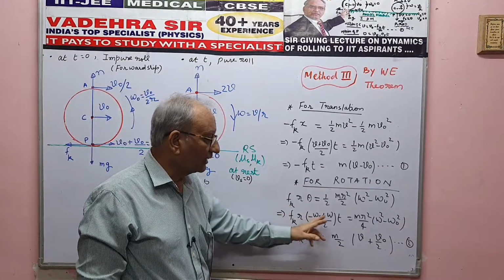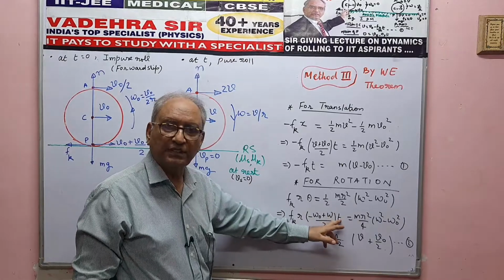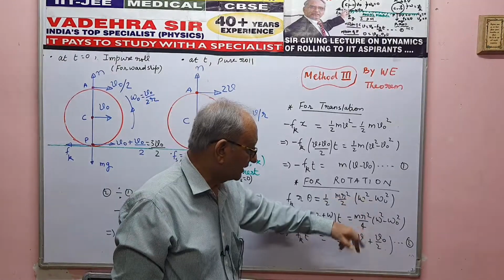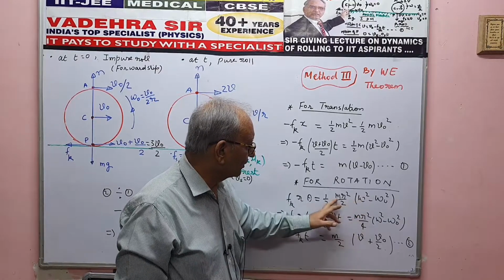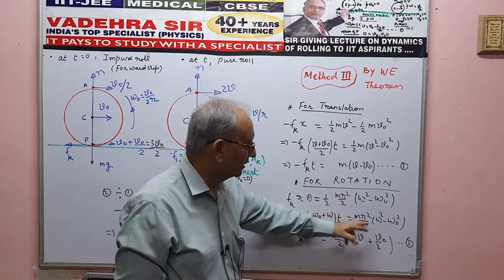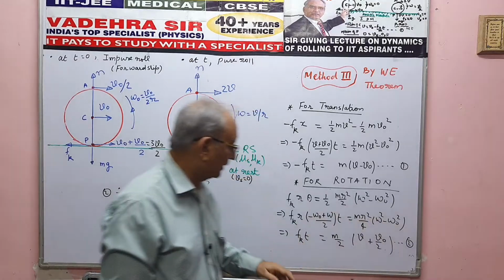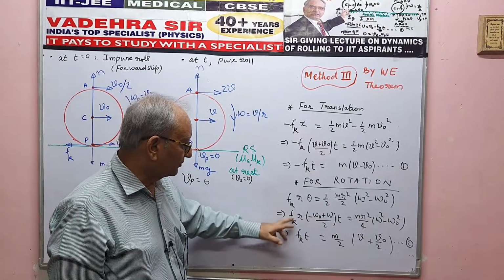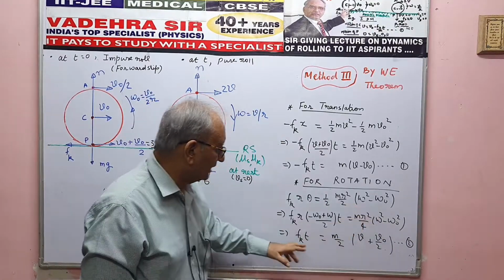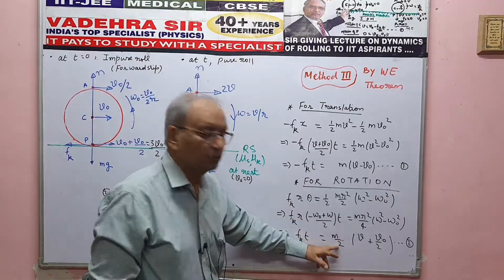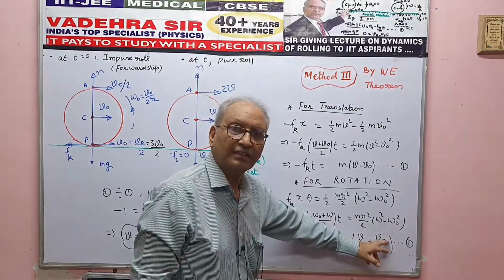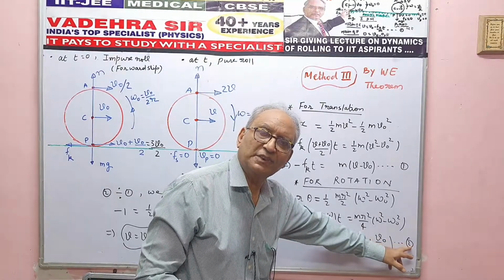So minus omega naught plus omega by 2 into t is equal to, I just adjust this, m r square by 2 by 4 into omega square minus omega naught square. Just play around with that, I get Fk into t is m by 2 into v plus v naught by 2. I call it equation 2.